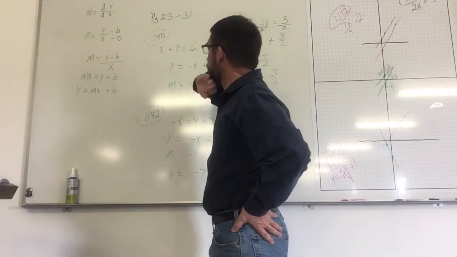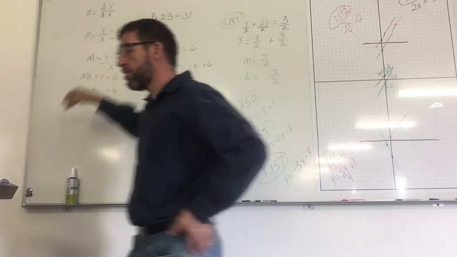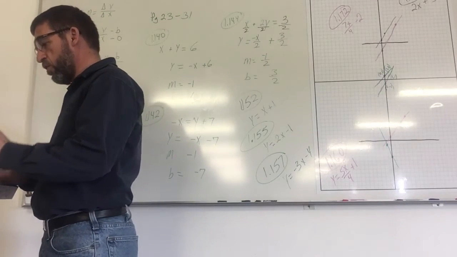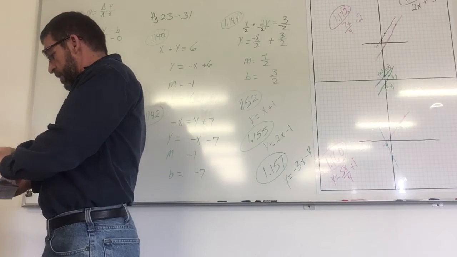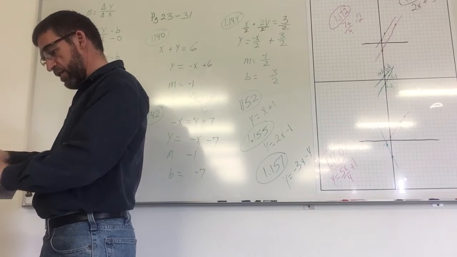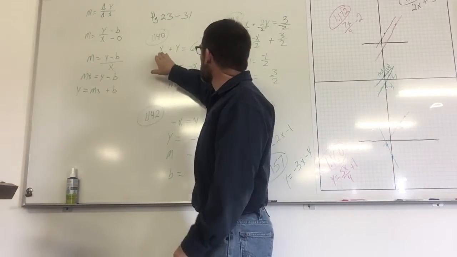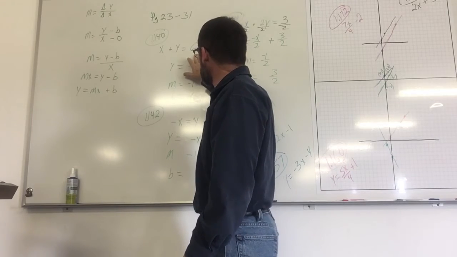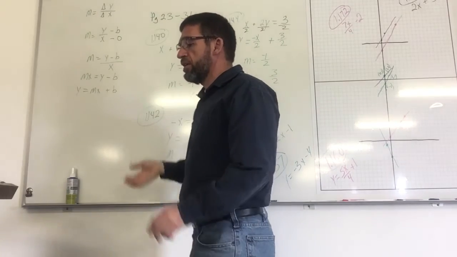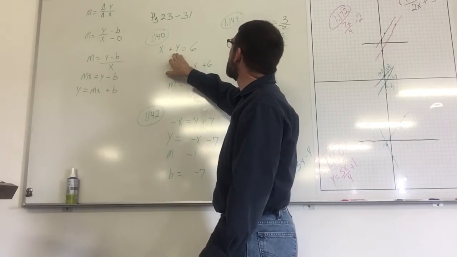So now, if you go back to page 23, 1140, that is actually on page 24. Your answer is x plus y equals 6. What you want to do is work this problem so that y is by itself.